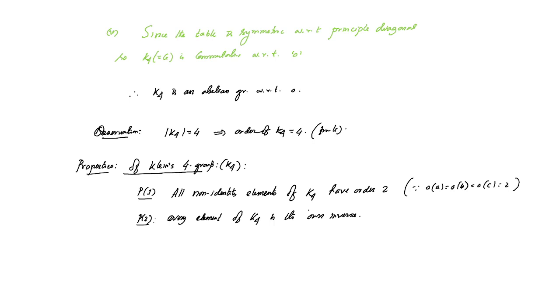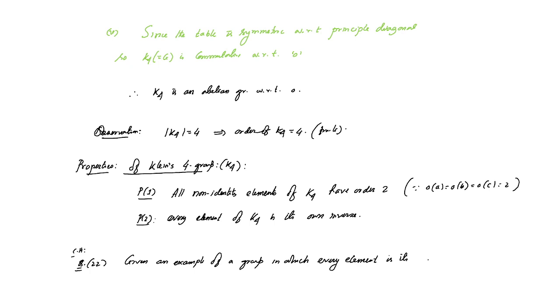So you may be asked this kind of question. Question 22: give an example of a group in which every element is its own inverse.